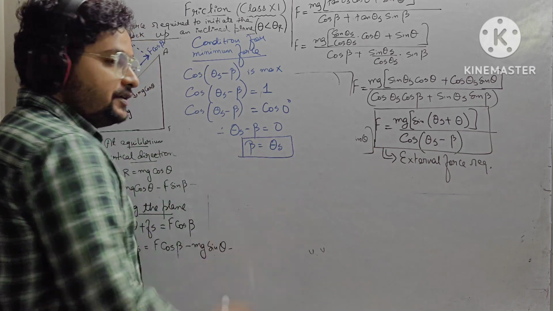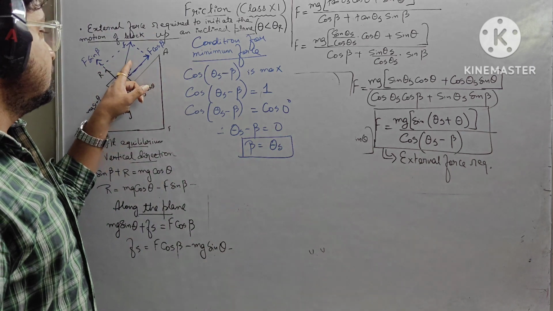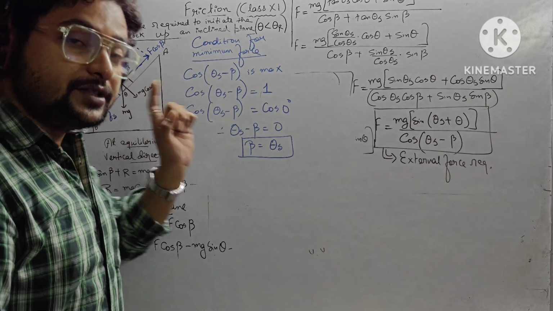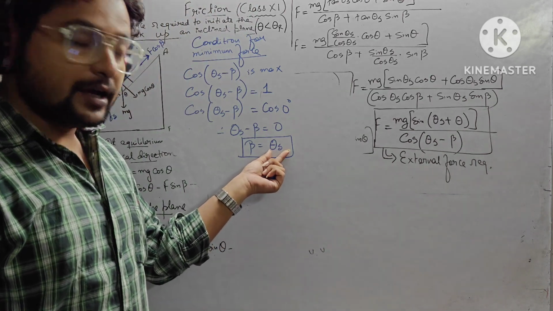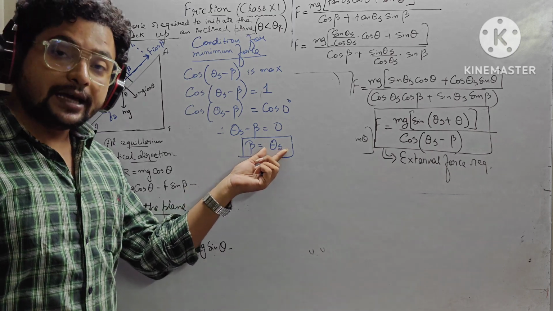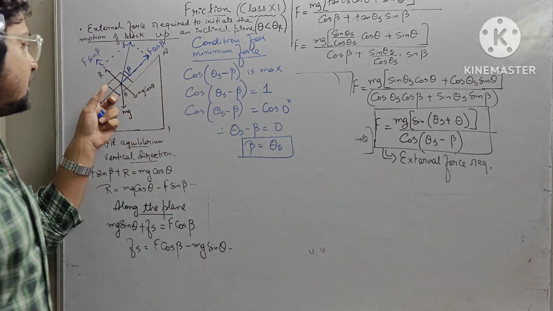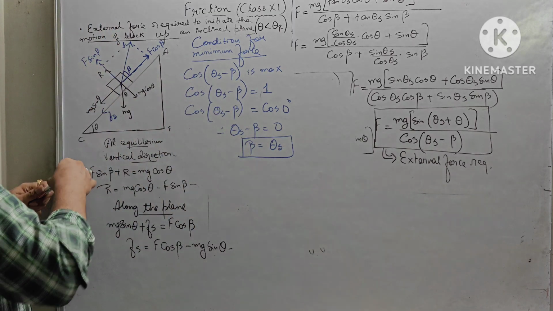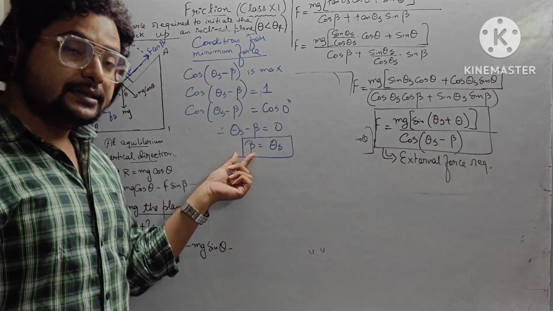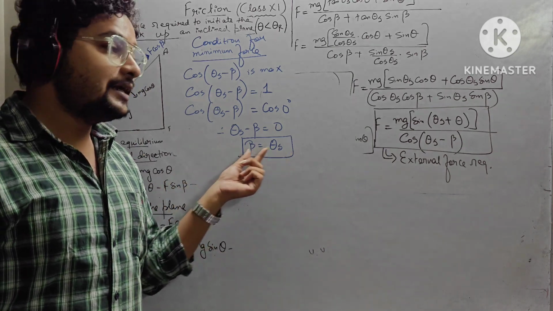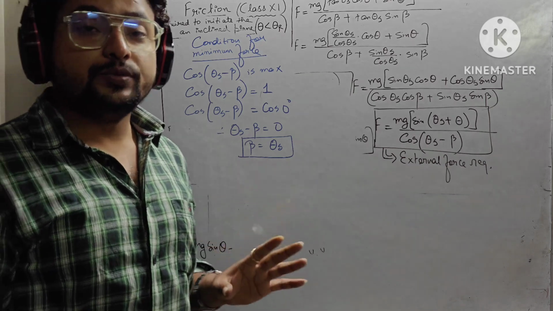That means if I apply the force at an angle which is equal to the angle of friction, as I said earlier also, theta s is the angle of friction. In this diagram I have not marked theta s. Theta s will be somewhere in this particular direction. Okay, this is theta s. So if beta is equal to the angle of friction, then in that case the force required is going to be minimum.